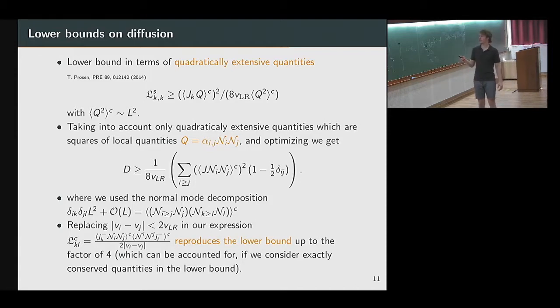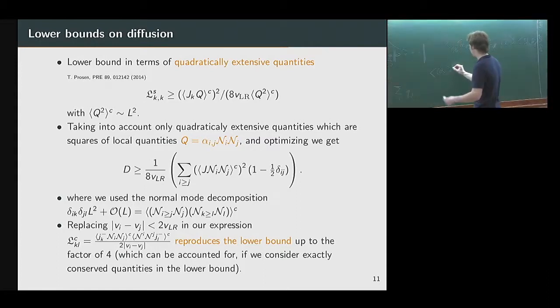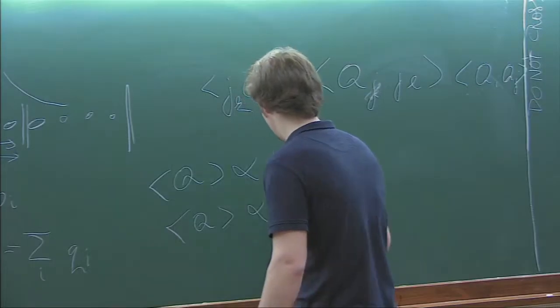The first one was a lower bound by Tomaž Prosen in 2014 in terms of quadratically extensive quantities, and what Tomaž proved is basically that the Onsager matrix can be bounded with an expression like this, where Q is now not linearly extensive, so the expectation value of Q in some general state is not proportional to L, but rather proportional to L squared.